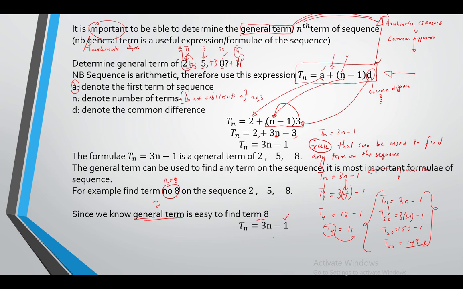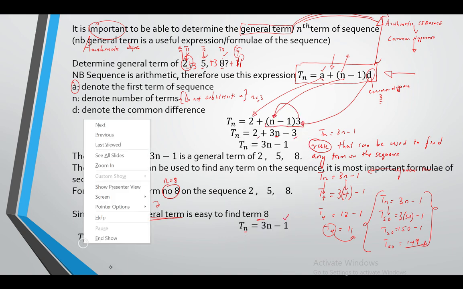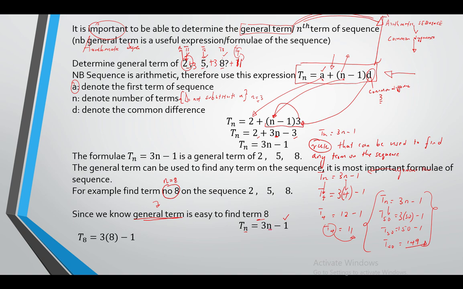First thing that you do, you write down the general term: 3n minus 1. Where there is n, you put 8. It was 3n, now it's 3 into 8. Term number 8 is 23. 3 times 8 is 24. 24 minus 1 is 23.